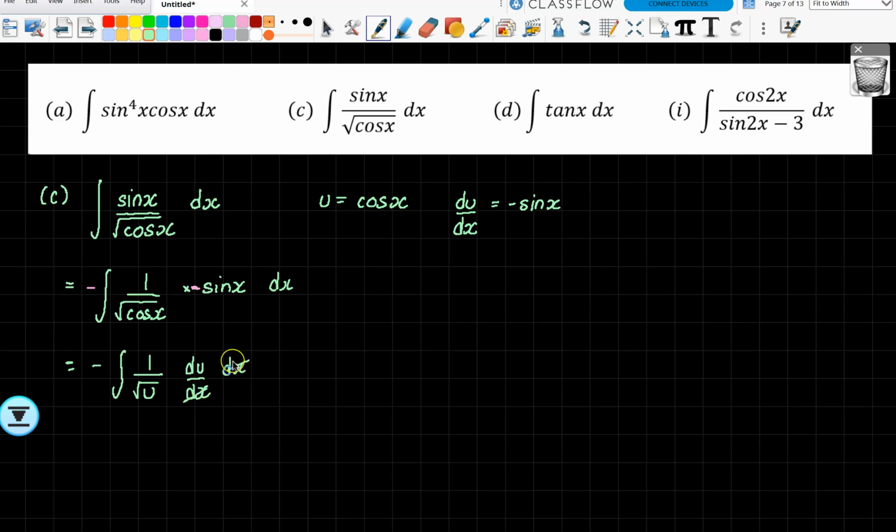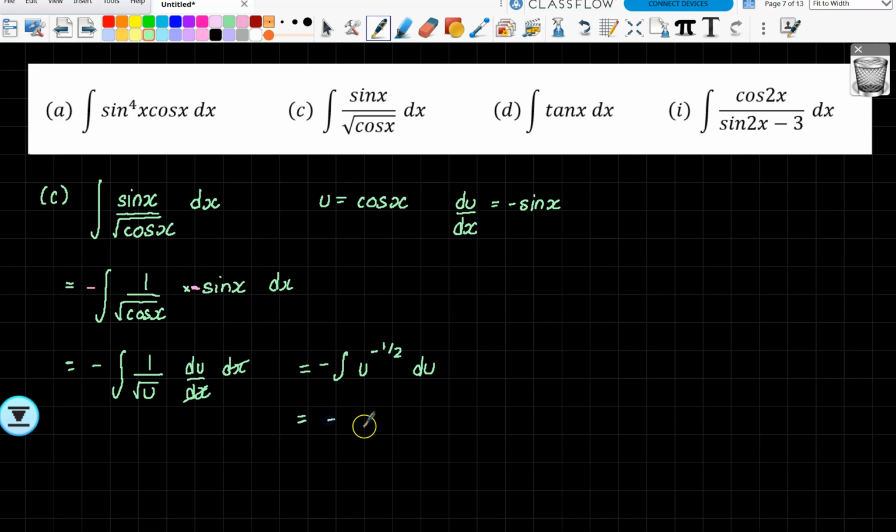As I have advised you earlier, try and take the time to put this extra line in, because then you are less likely to miss a negative or miss something that you shouldn't. So now we've got minus u to the minus a half. Again, watch out, because sometimes we simplify and we think that we have integrated, but we haven't really.